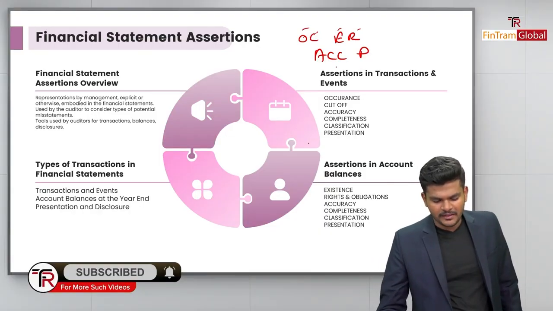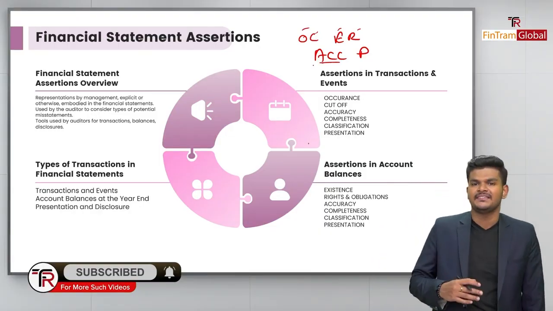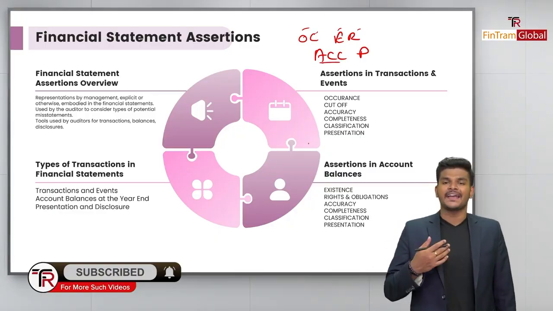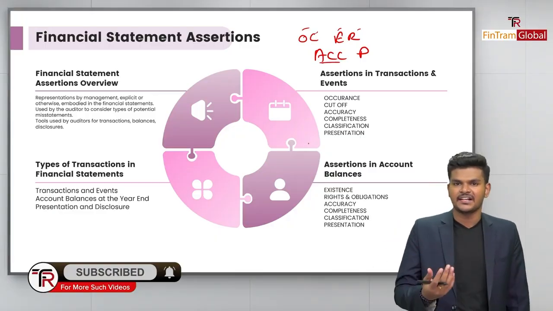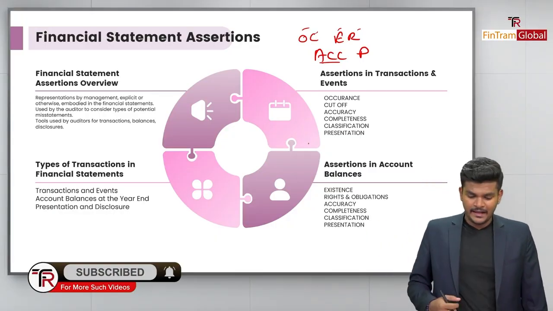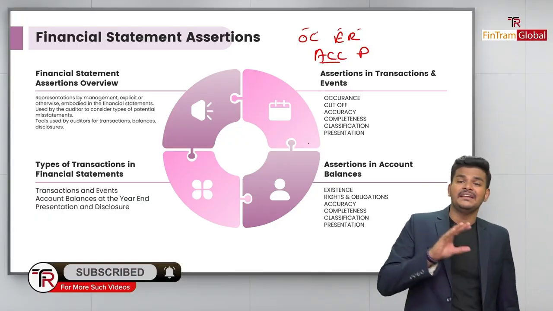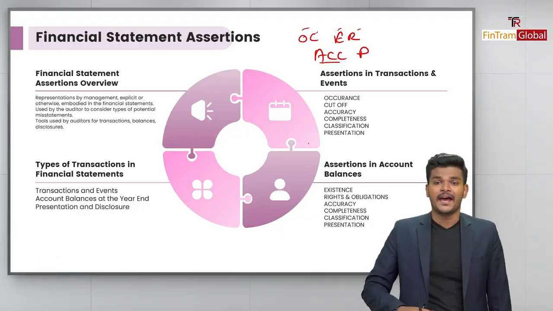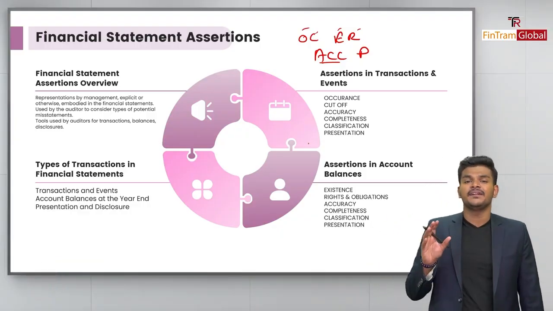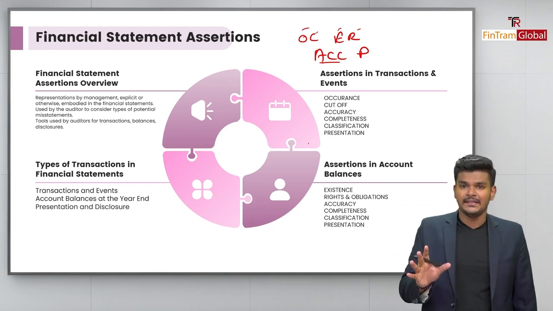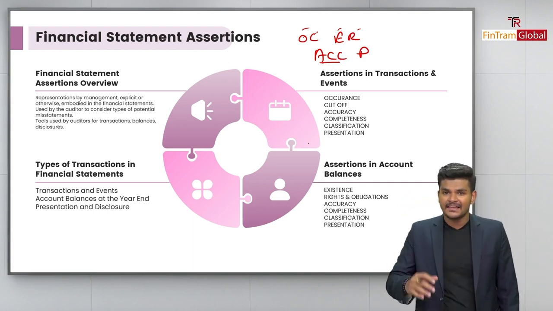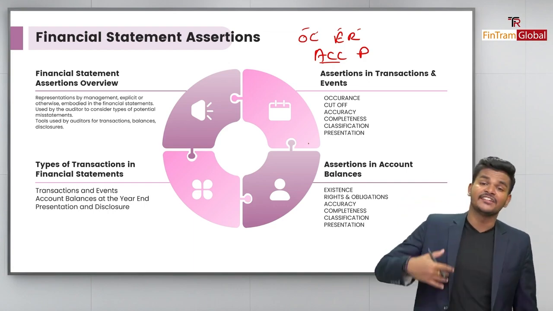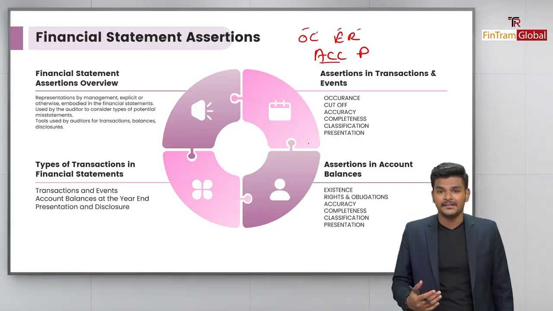And then there are some common assertions for all items, which is ACC. A stands for accuracy, the accuracy of the transactions and events as well as account balances. And then completeness. Have we completely recorded everything? And the next C stands for classification. Have we classified the particular event, transaction or account balance appropriately, as an asset, as a liability, as a non-current asset, as a current liability, all those things.